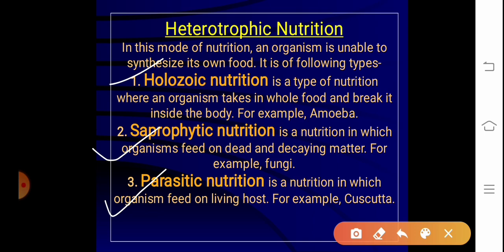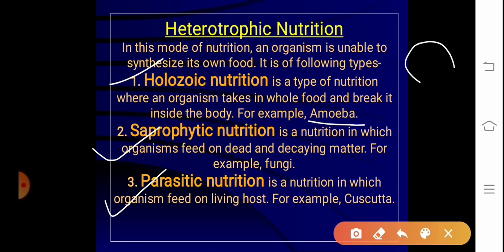So, when I talk about holozoic, you can take the best example as the human beings. Other than the human beings, which are the other organisms which may follow the holozoic? Some of the simple organisms like amoeba, euglena, paramecium also follow the holozoic mode of nutrition.